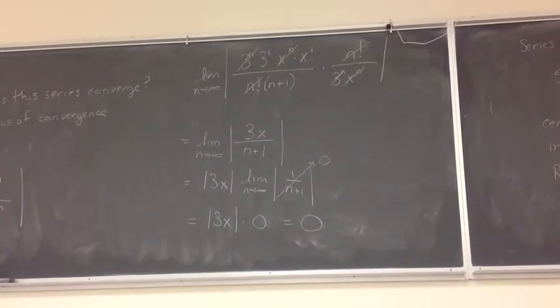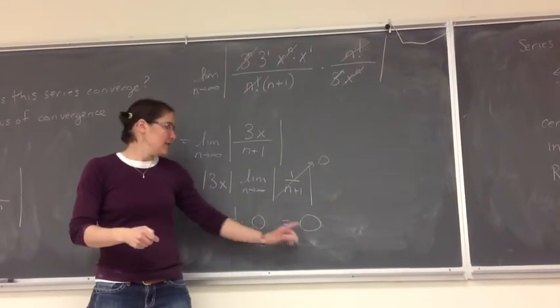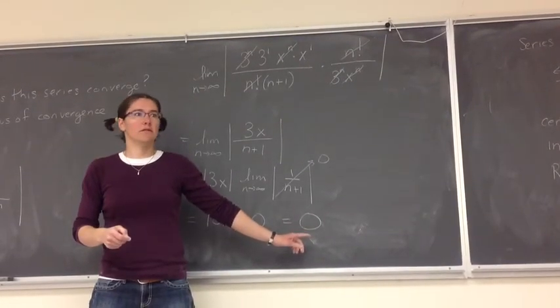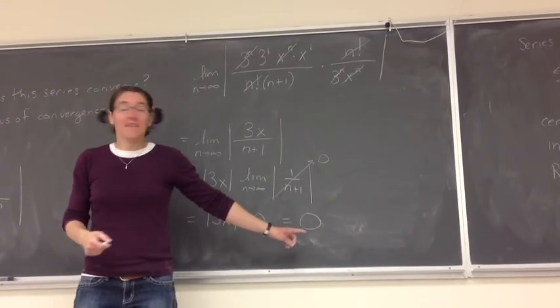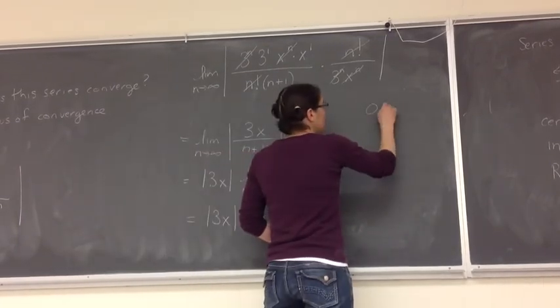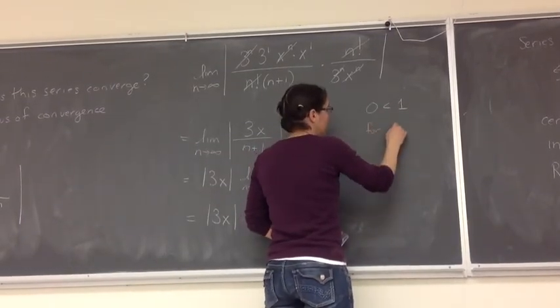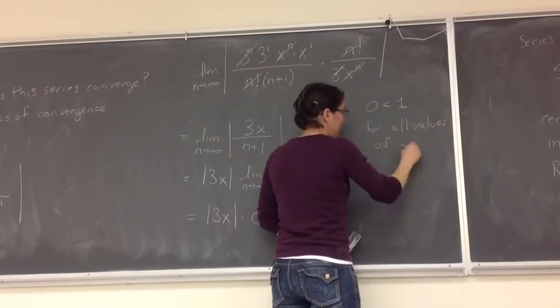So the question now is, for what values of x is 0 less than 1? All of them, yeah. So in this case here, 0 is less than 1 for all values of x.